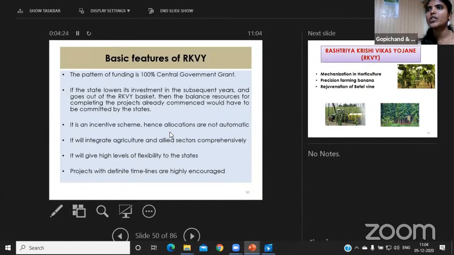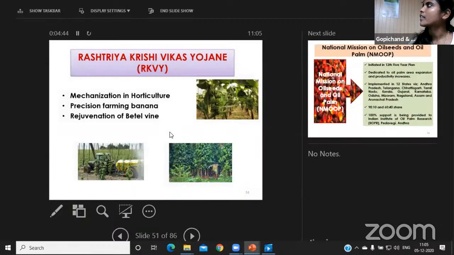We have to submit the project proposal, and we will obtain the funds. And it will integrate almost all the development activities, including agriculture and allied sector. And it will give flexibility to the states to develop a program plan, and it will redefine the time limit to encourage the programs in the state.